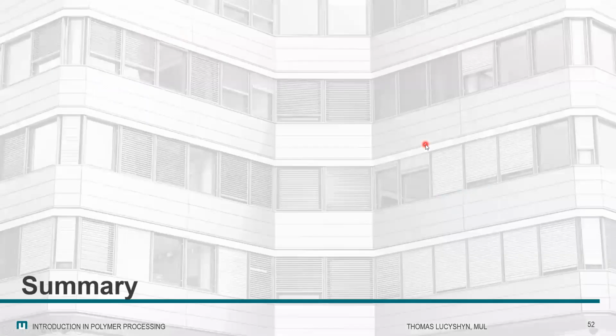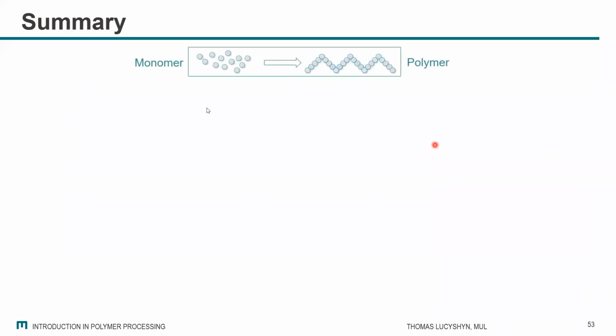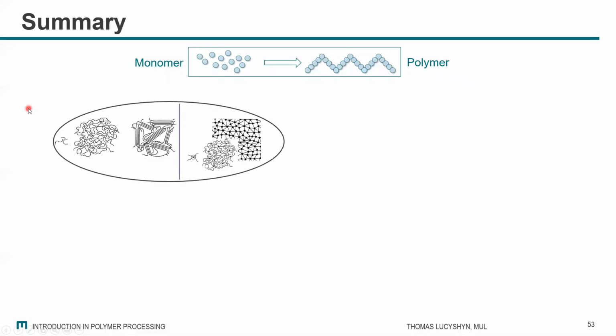Okay, this brings me to the end. So I just tried to show you an overview of different processing methods and trying to summarize this. So once again, we start with our polymers. You need to know this chain structure, which has some effect on the morphology. So we have the distinction between thermoplastics and thermosets.